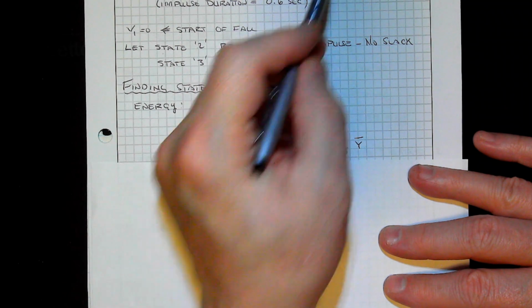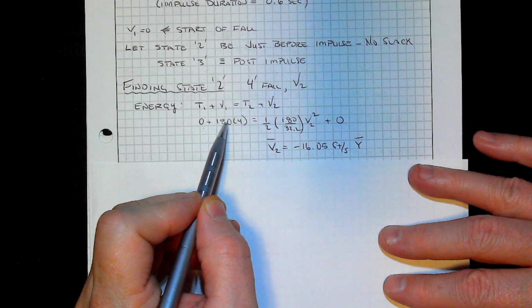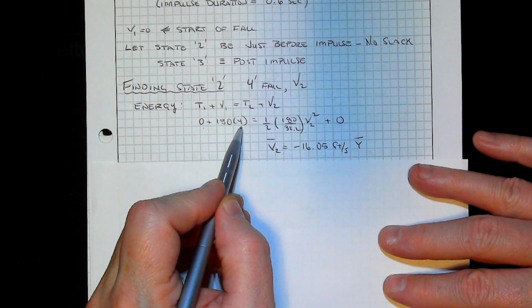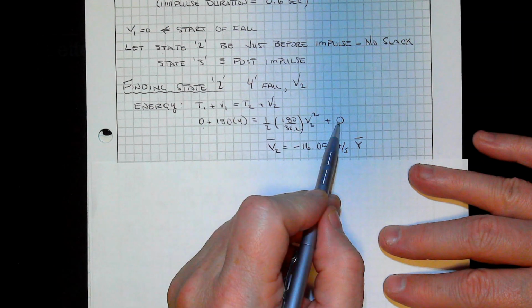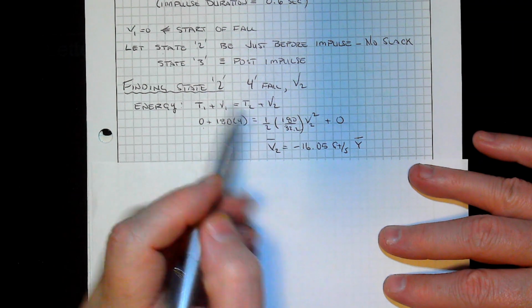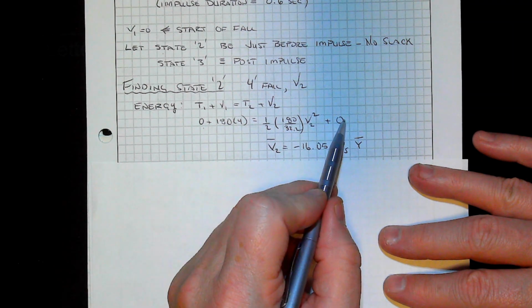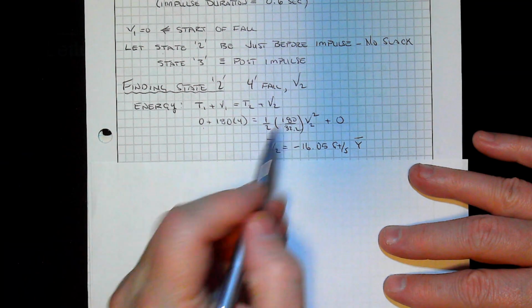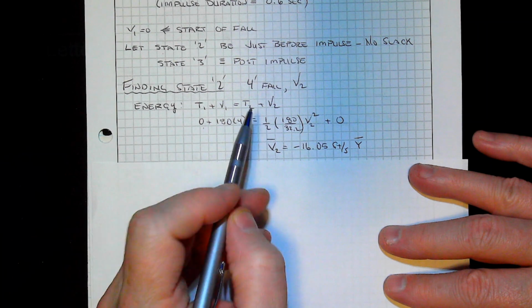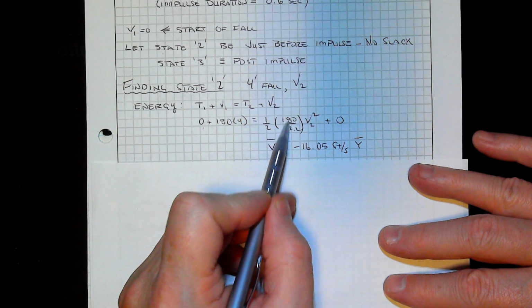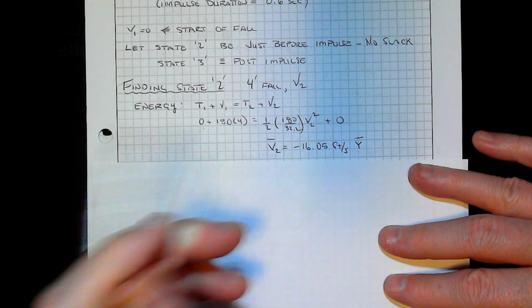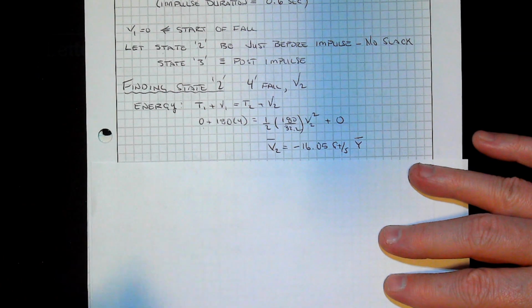So initially, our potential energy would be for a 180-pound person 4 feet higher at the start. Therefore, V2 becomes 0. That's fine. We could have made this 0 and put 180 times minus 4 out here. All the same. Then the question is how fast are they going? 1/2 m, 180 over 32.2, v squared. Solve for v. Going down at 16 feet per second, roughly.